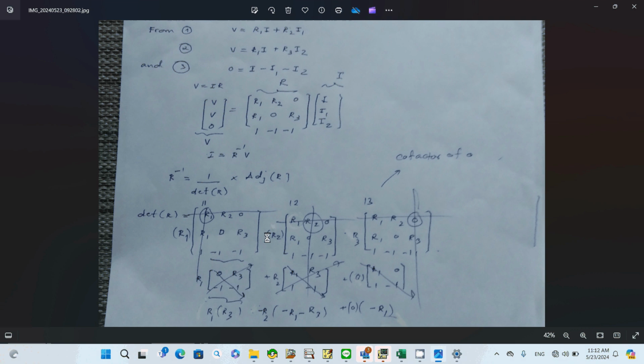And don't forget about the sign, okay? This one is multiplied by negative 1 to the power of number of row plus number of column. As long as the number of row plus number of column is an even number, that gives you 1. But if it becomes an odd number, that gives you negative 1, right?